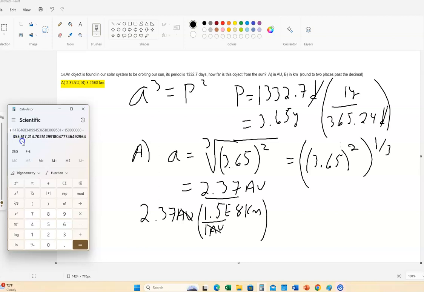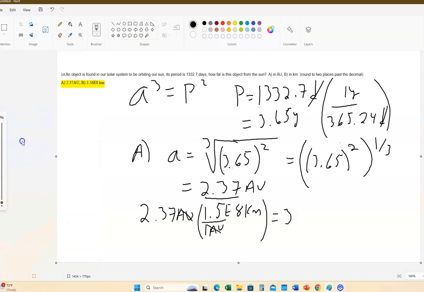So if we round it, this becomes 3.55, but there's another 5, so I round that second 5 to a 6, and it's of course times 10 to the eighth kilometers. So that is part B of number 14.